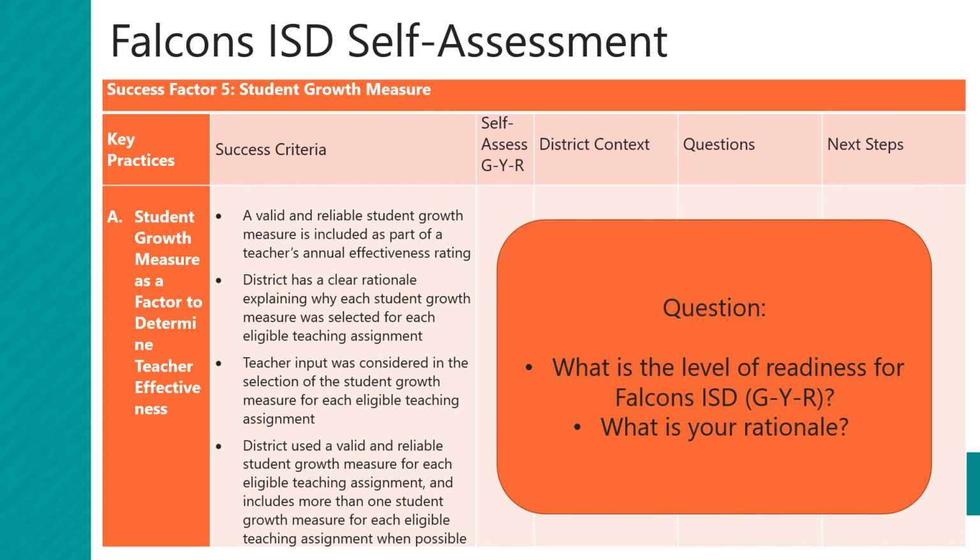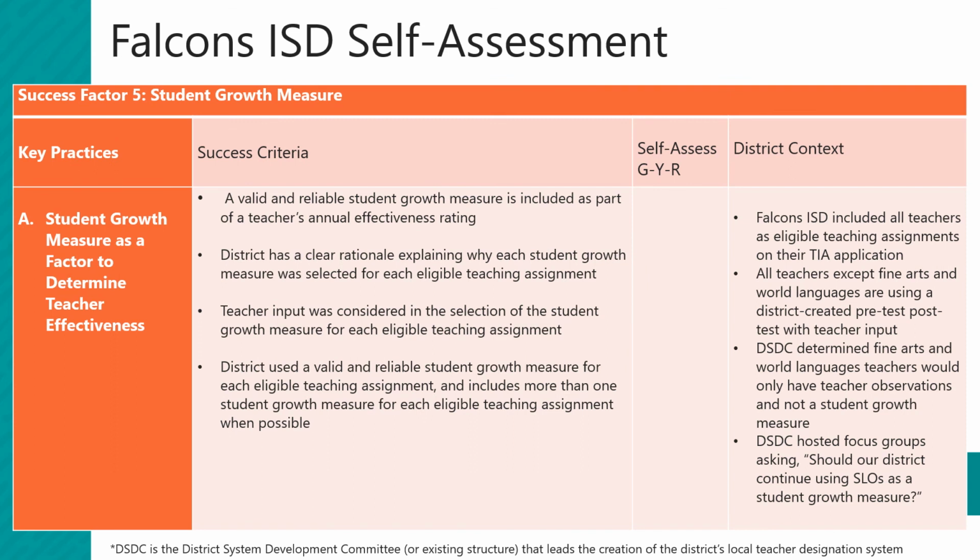We responded to this question, what is the level of readiness for Falcons ISD? And we're going to explain our rationale. Even though there are other components of the district context that are not red, what makes Falcons ISD automatically red with the level of readiness is because not all eligible teaching assignments have a student growth measure.